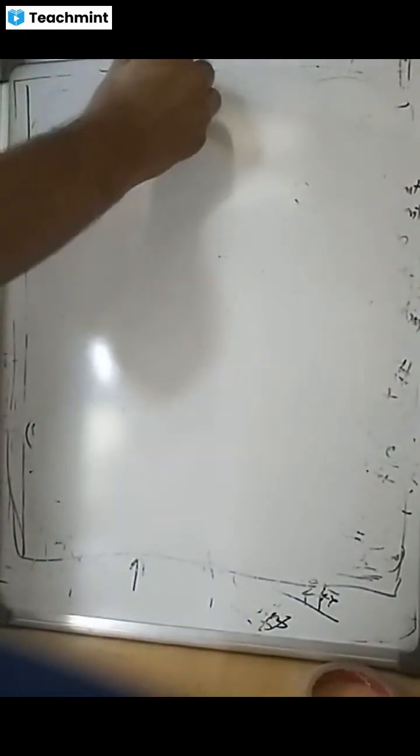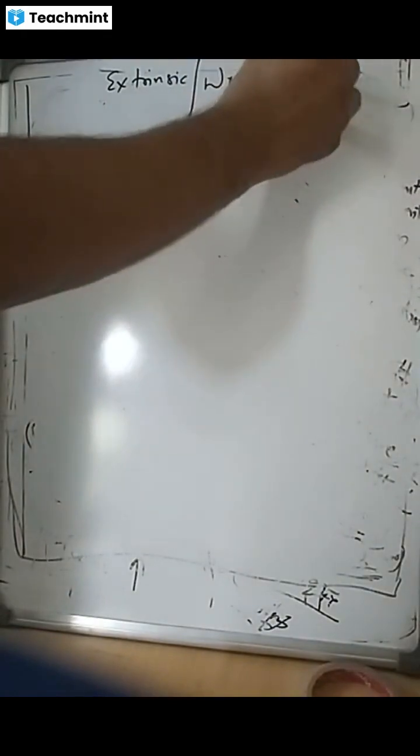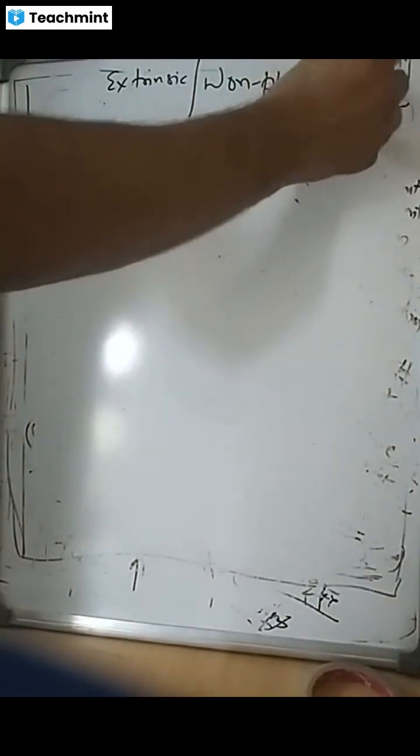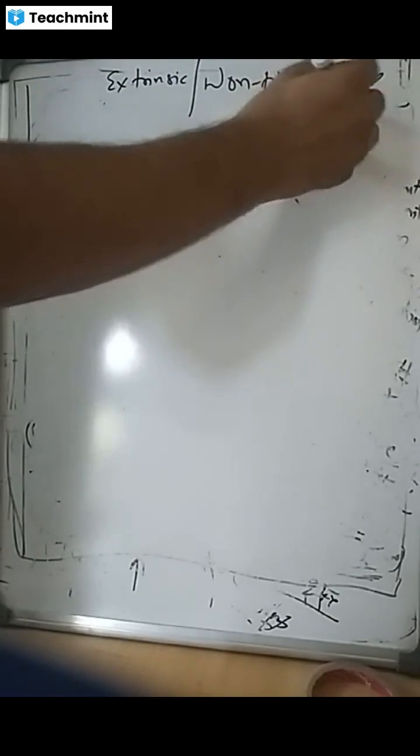So if I summarize all five forces, these are extrinsic, these are physiological forces. They are transmitted directly to the bone. Remember the BEST technique.